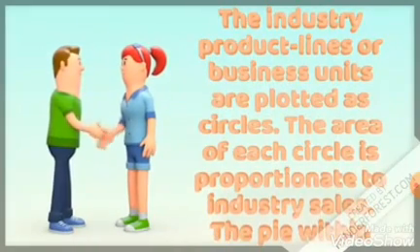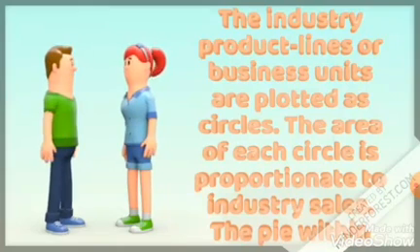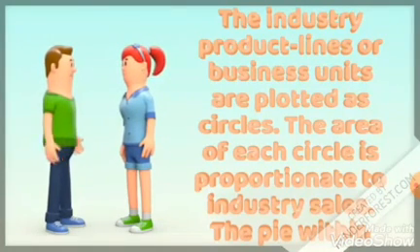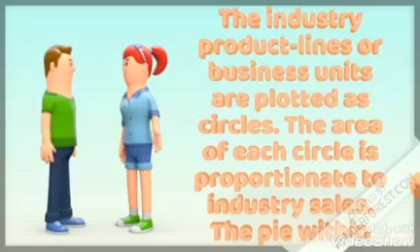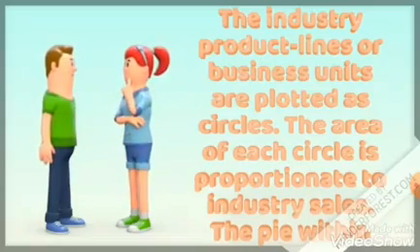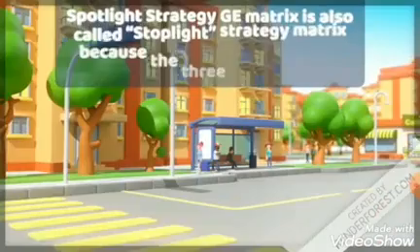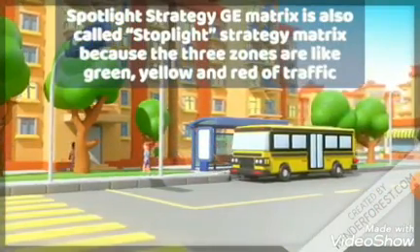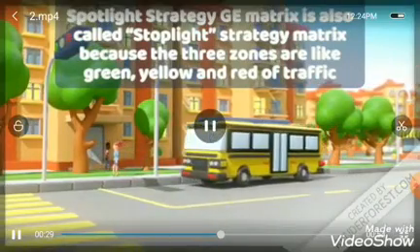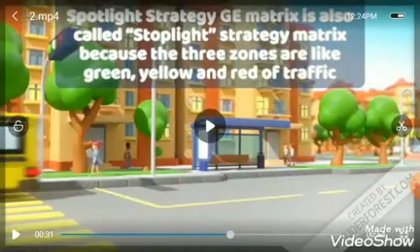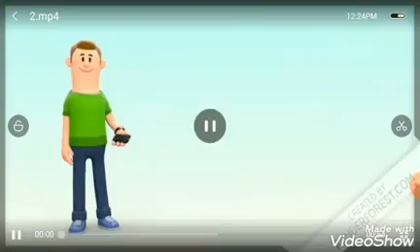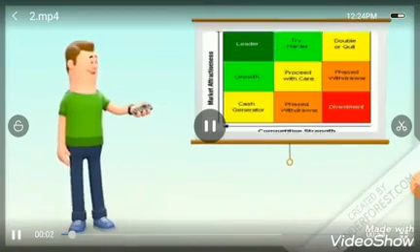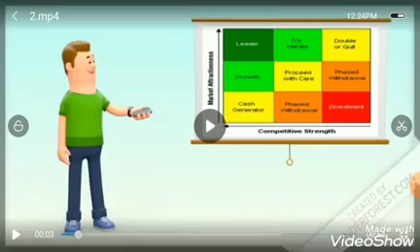The industry product lines or business units are plotted, as I told you, in a circle or square shape. The area of each square is proportional to the industry share. The GE matrix is called the spotlight strategy because 3 zones are there, green, yellow and red, like a traffic signal. As you can see in the figure, the green, yellow and red zones are the traffic signals.